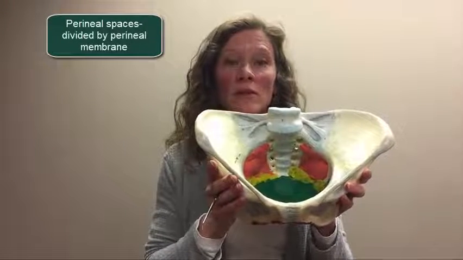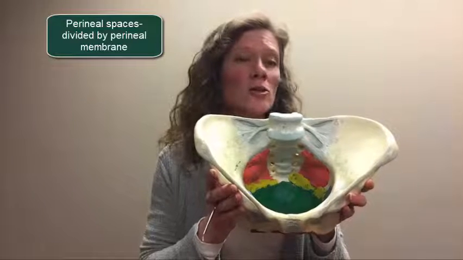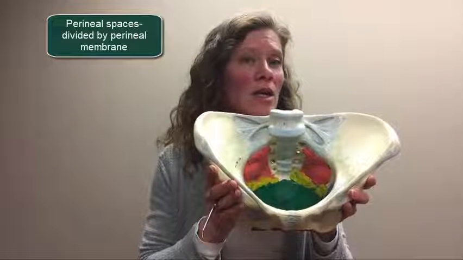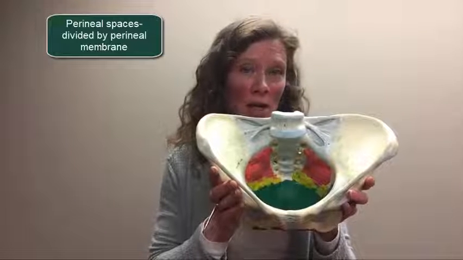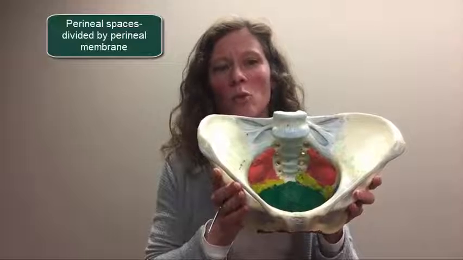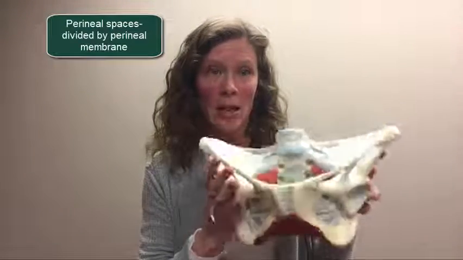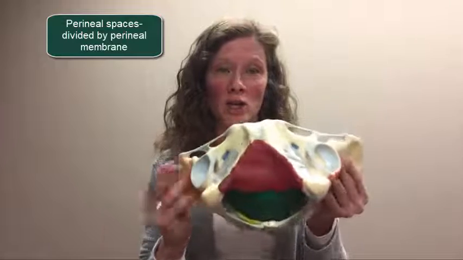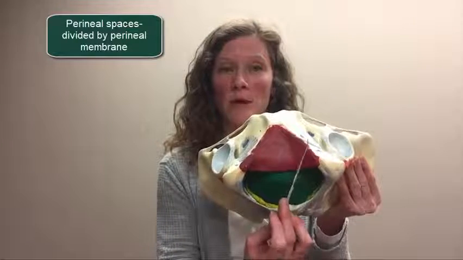Now that we have some of the fascia covered, let's move on to perineal spaces. The urogenital triangle is subdivided into two pouches based on the perineal membrane. I think this is most easily appreciated with my clay recreation of the pelvic musculature. Now recall that this red sheet represents that horizontally placed perineal membrane.